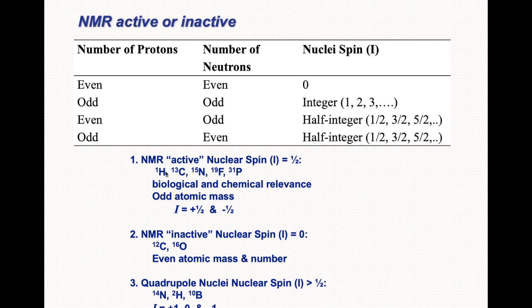Here are some examples: 1H hydrogen, 13 carbon, 15 nitrogen, 19 fluorine, and 31 phosphorus. All these atomic nuclei are NMR active, with spin half, and carbon 12 and oxygen 16 are both NMR inactive because their nuclear spin is 0. Nitrogen 14, deuterium and boron 10 have more than half spin, and they are also NMR active.